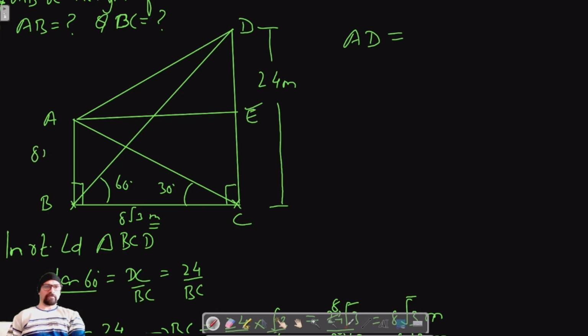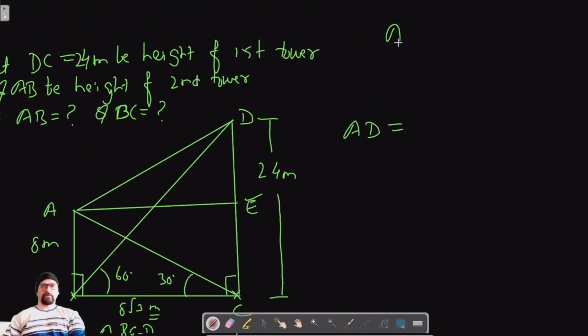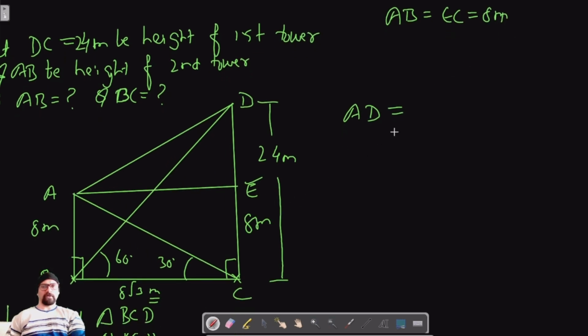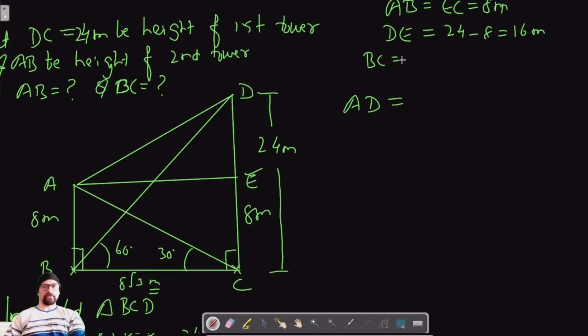Now AB is 8 meter. So AB is equal to EC is equal to 8 meter. Which gives us DE is equal to 24 minus 8, which is 16 meter, and BC is equal to AE is equal to 8 root 3 meter.